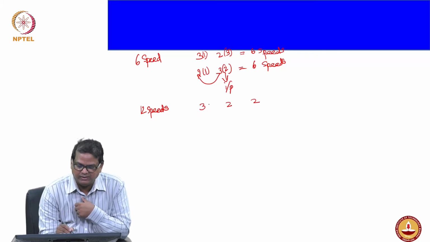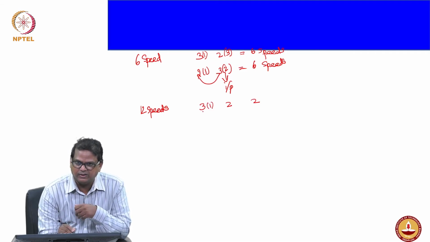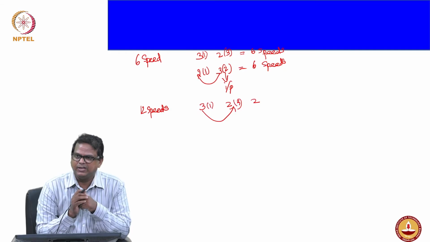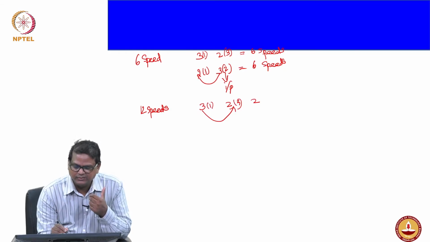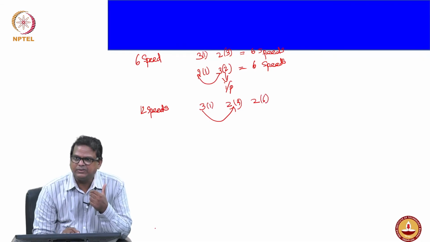So, obviously I will have an input 1, right, input 1. So, this is the output for the first stage, then if it goes here that will be the input to stage 2. Then 3 into 2 is 6, right, this 6 will be the input.